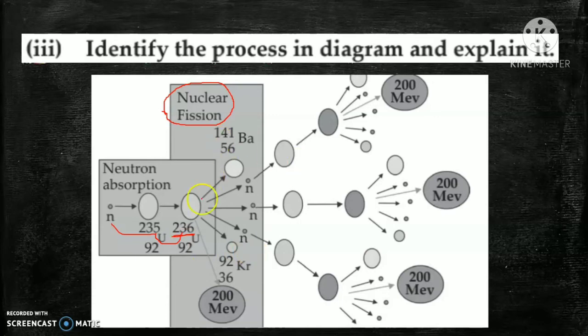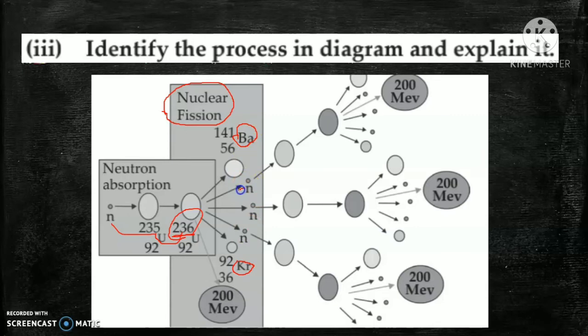See here, when it becomes uranium-236, it gets converted into an atom of barium and an atom of krypton, releasing 3 neutrons and 200 MeV of energy.